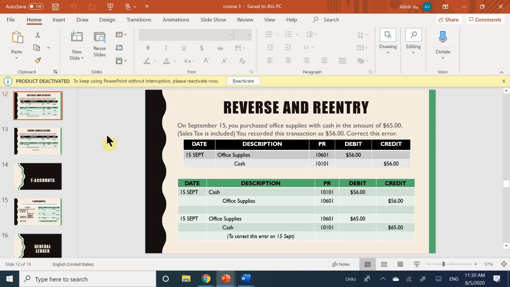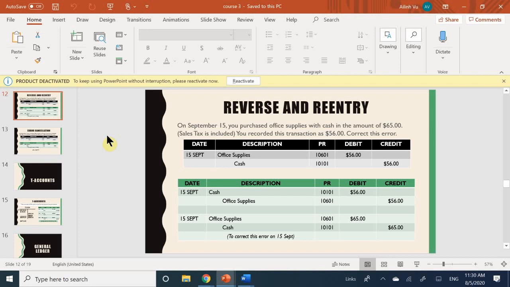So typically, when we go through your journal entries, you definitely need to have your source document, like a receipt, attached to it, right? And the purpose is, in case you do make an error, you definitely want to look at all of those receipts and double check that you've entered it correctly in your journal.